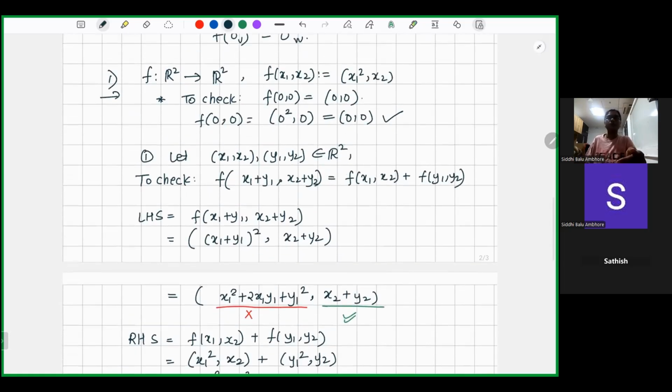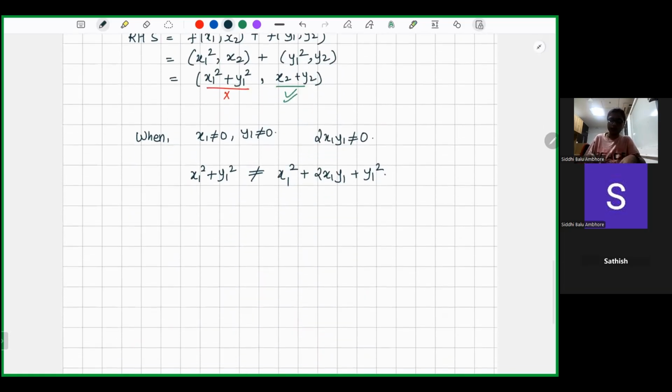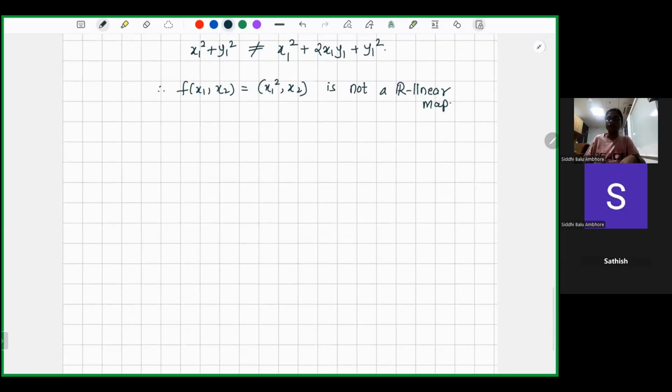We can conclude from here itself that f is not a linear map. Therefore, this map f of (x1, x2) is not an R linear map because it does not satisfy the first condition of addition.